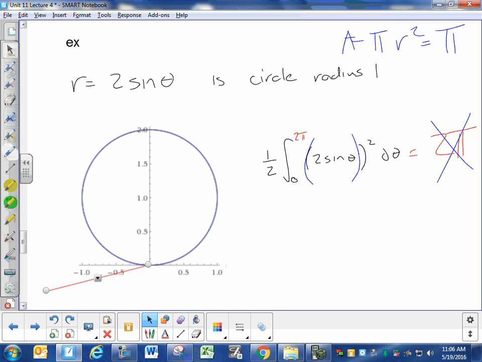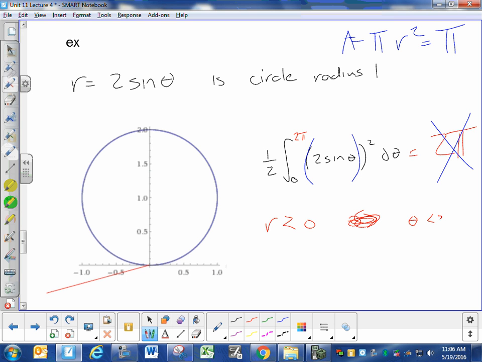If I continue to go around, what is happening to my radiuses? Exactly. R is negative when theta is between pi and 2 pi. If you go from 0 to 2 pi, you will be finding the area of the circle twice, which you don't want.